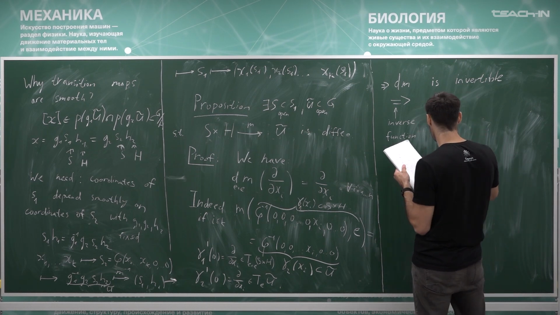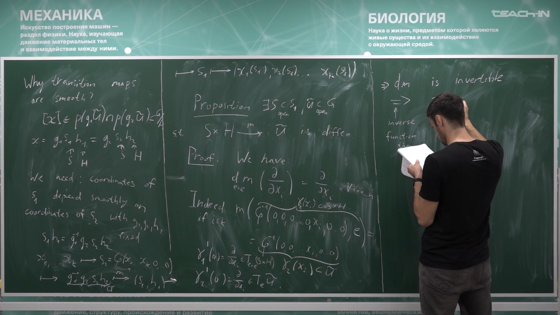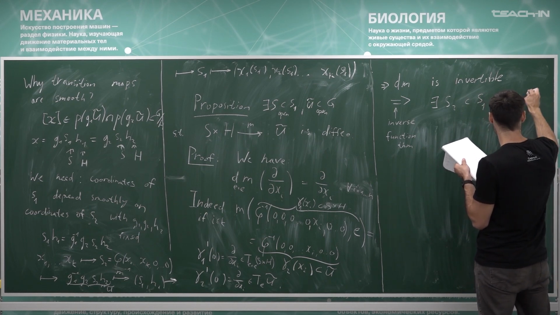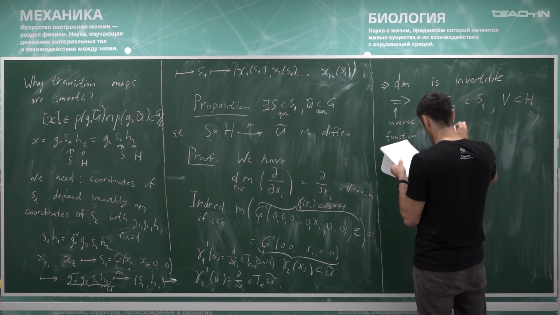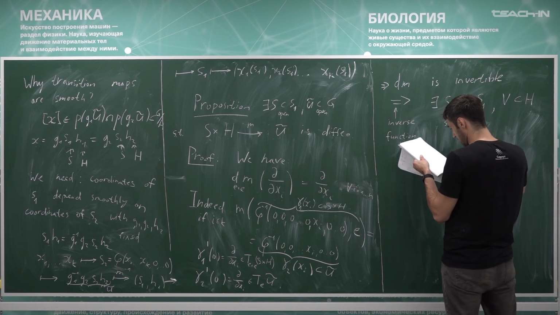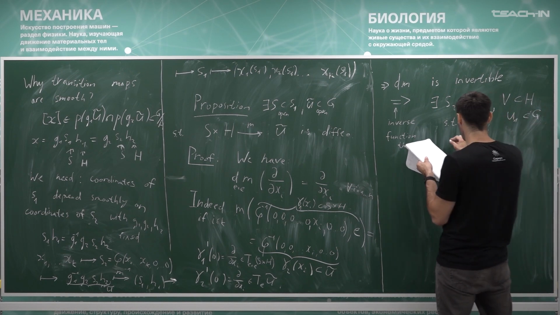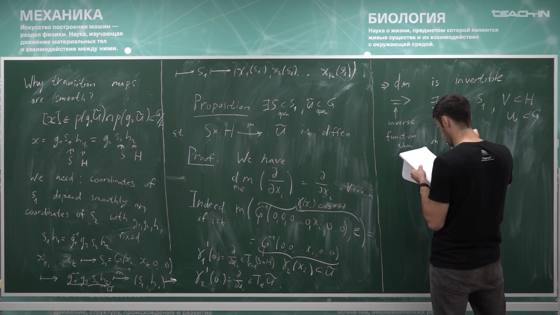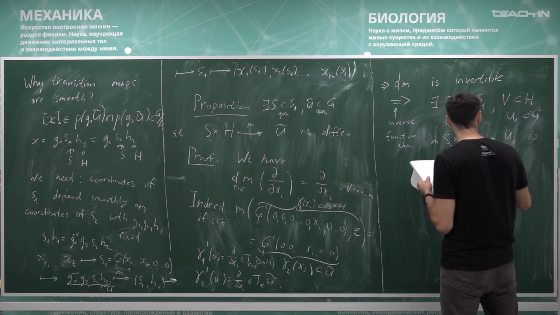Which locally means that there exists some S2 in S1 and some V in H, and U1 in G, such that m restricted to S2 times V to U1 is a diffeomorphism.